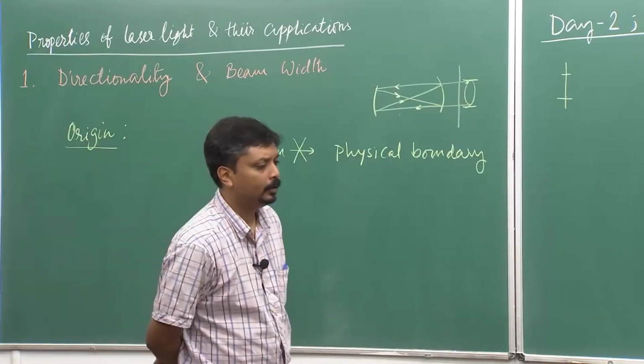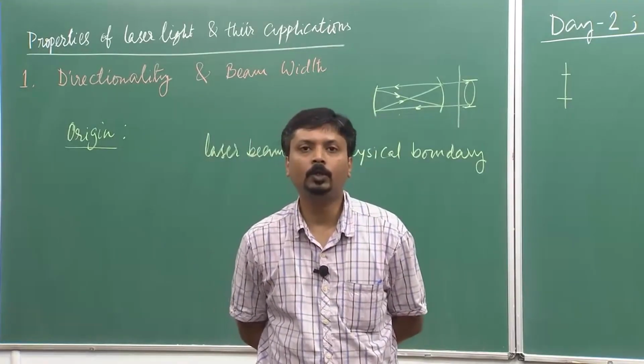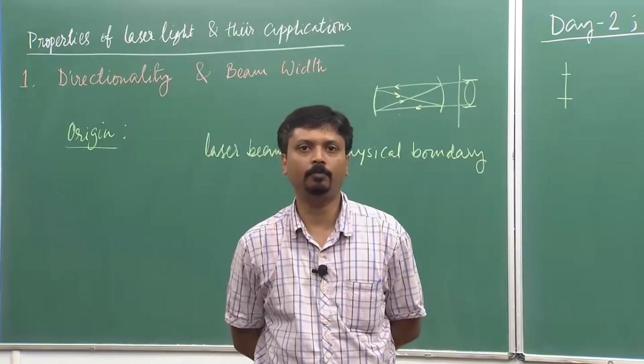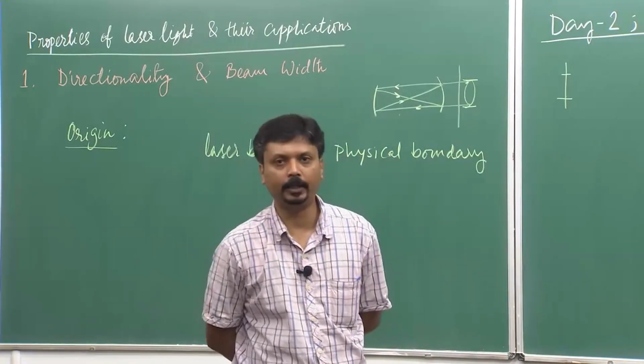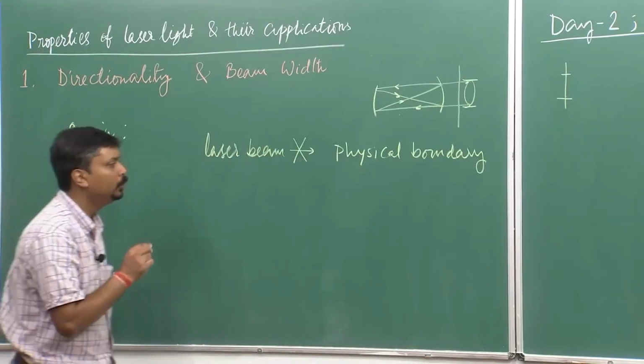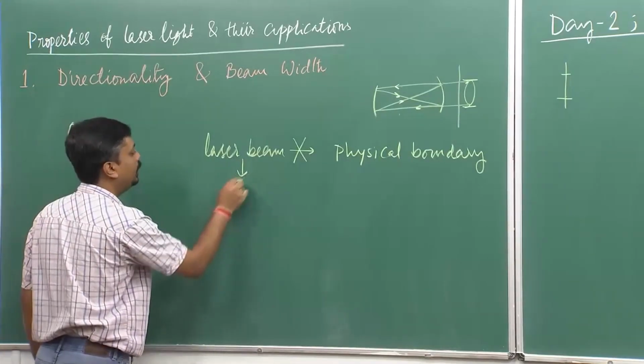It dictates how small you can go in terms of spot diameter when you try to focus the beam using certain optics. Now, how do you define a beam width for a laser beam?